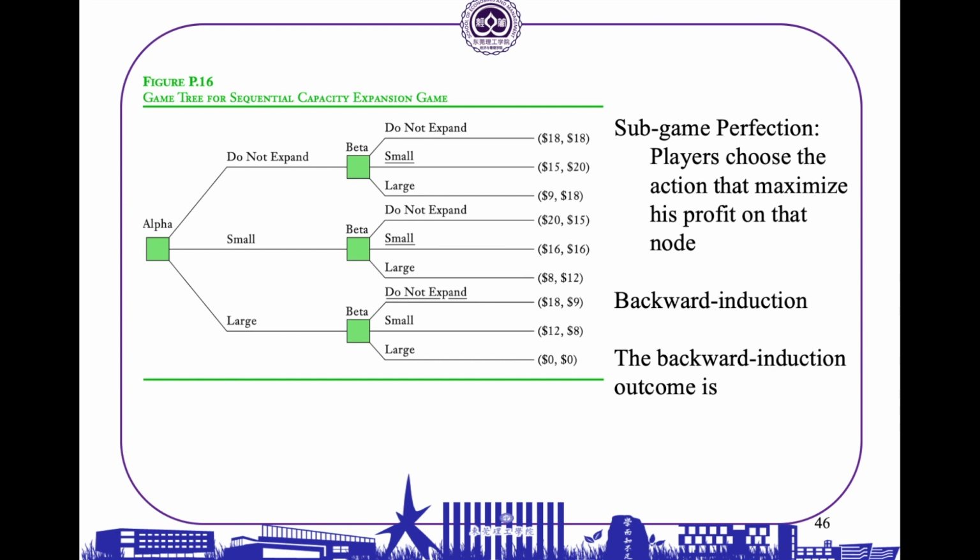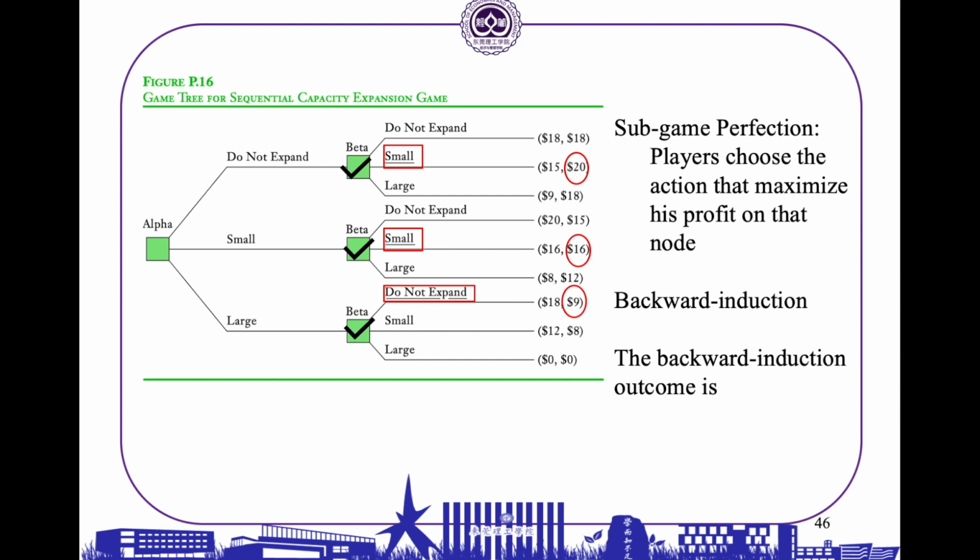Beta's best reaction to alpha's do not expand is small expansion to get $20 million. Beta's best reaction to alpha's small expansion is small expansion to get $60 million. Beta's best reaction to alpha's large expansion is do not expand to get $9 million. Now, take one step back.